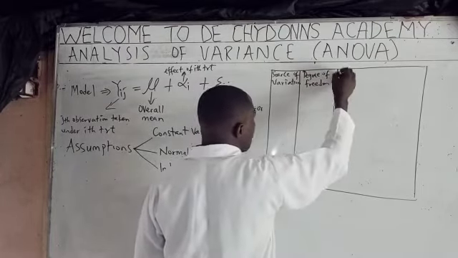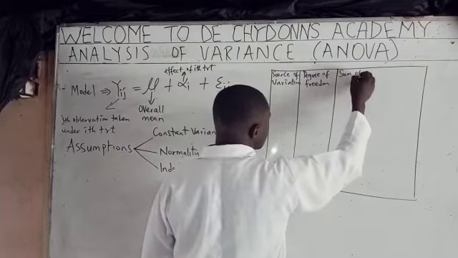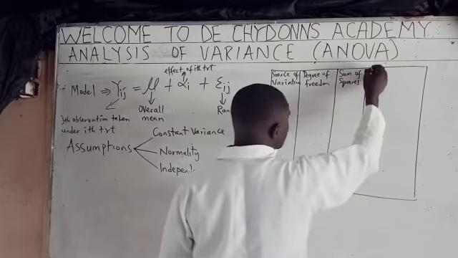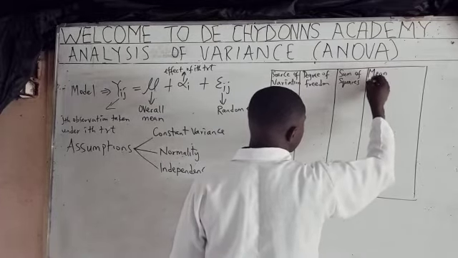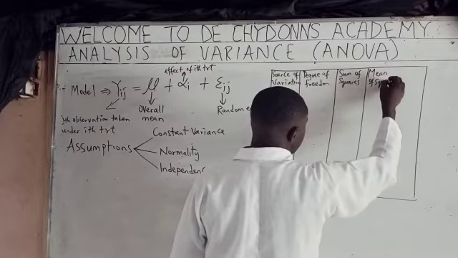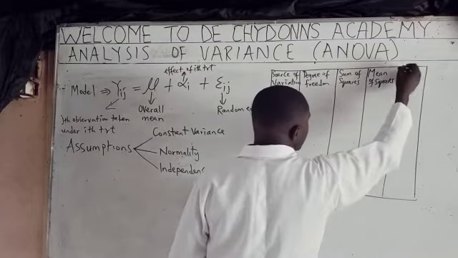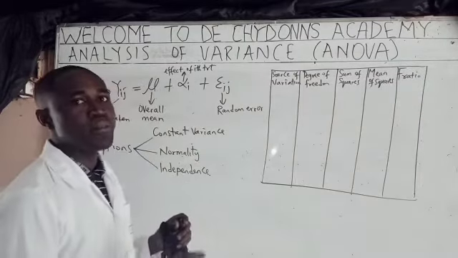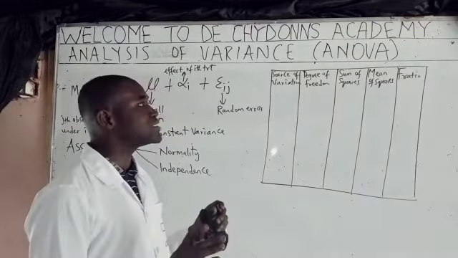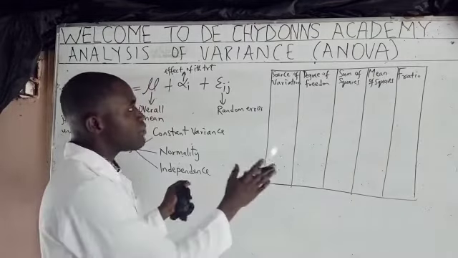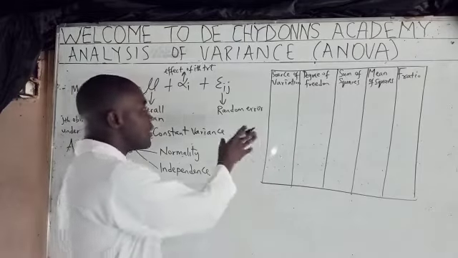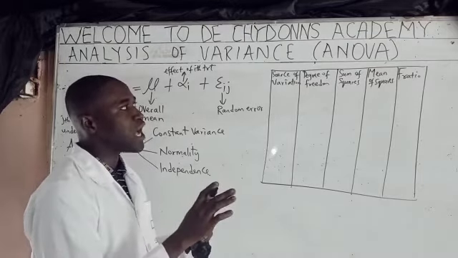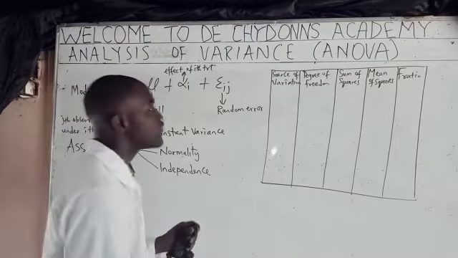The next one is sum of squares. The next one, mean of squares. While the next one is F ratio. This F ratio is gotten from a scientist called Fisher, who also made impact in bringing this topic ANOVA to us. So the F is gotten from the initial of Fisher, F ratio.